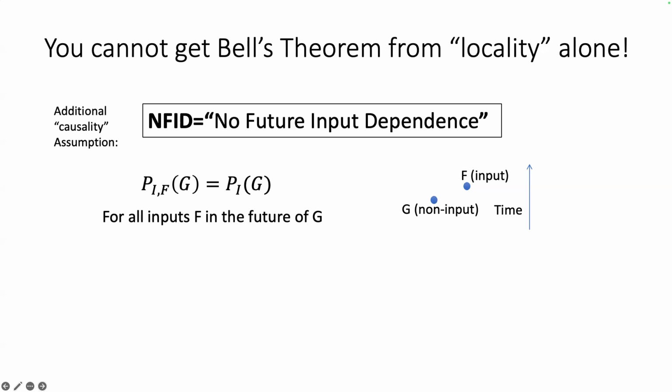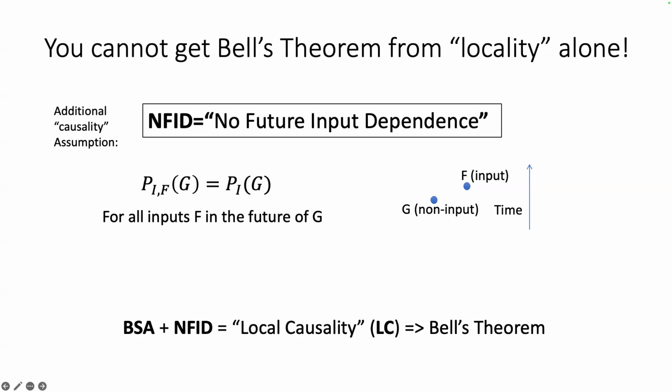So he makes these two assumptions. He makes Bell's screening assumption, the locality assumption. He makes this no future input dependence assumption, and he calls this package local causality. It kind of makes sense, like it's local and it's causal. People don't use this phrase anymore, but he used this phrase. And then from these two mathematical definitions, he proved a mathematical theorem.